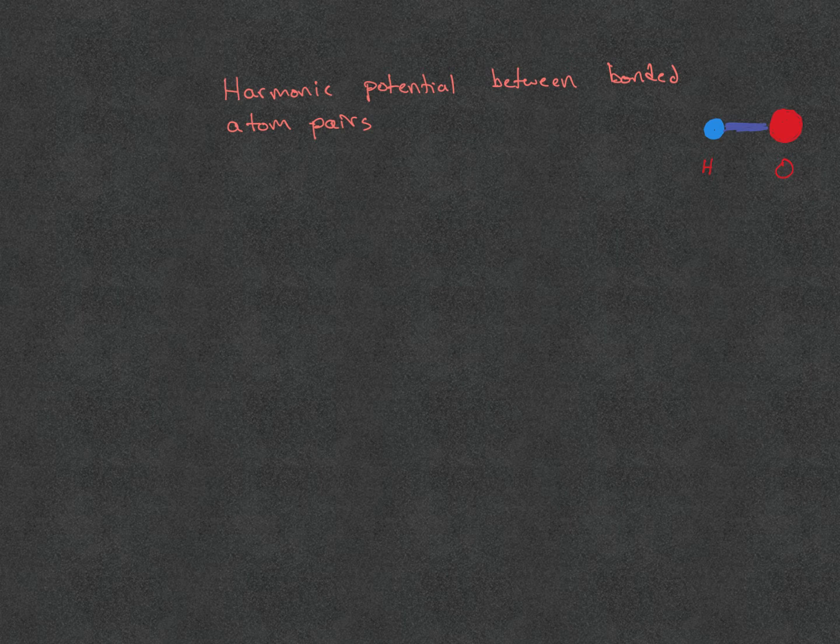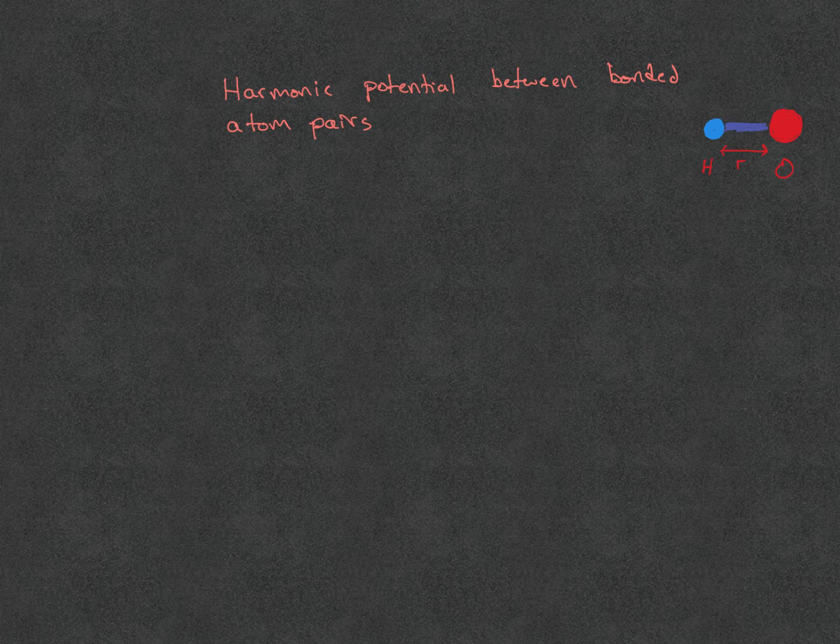Okay. So the harmonic potential is really sweeping an awful lot of detail under the rug. But nevertheless, the idea is kind of the same. There's a separation between the oxygen and the hydrogen atoms, and we call that separation R. Okay.